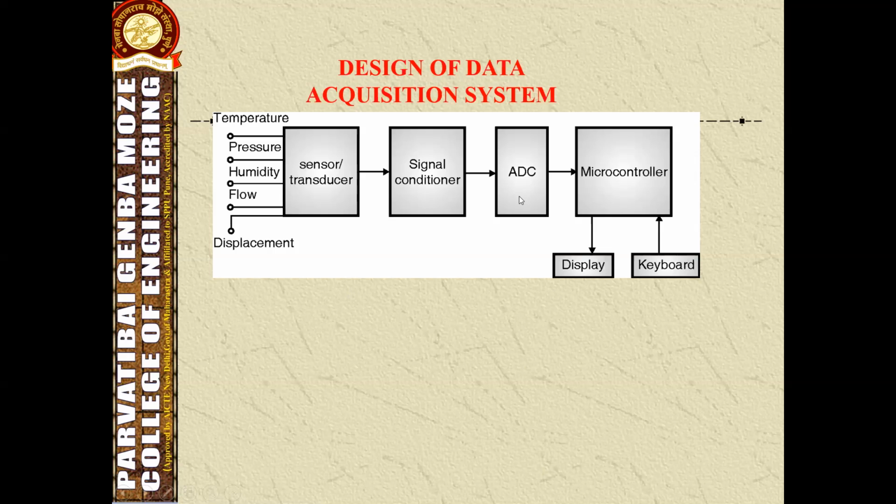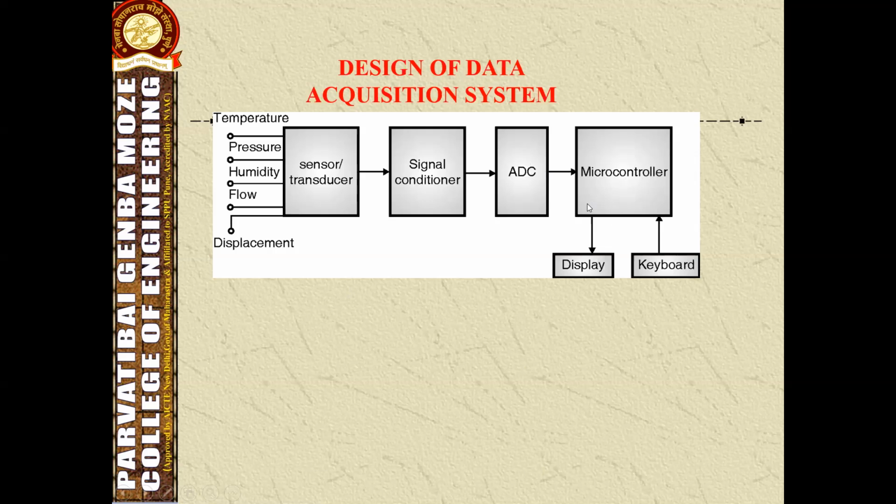We have already seen the structure of the analog to digital converter in previous lectures. The multiplexer sequentially connects the multiple inputs to the converter. After that, the output of the analog to digital converter can be applied directly to the microcontroller.